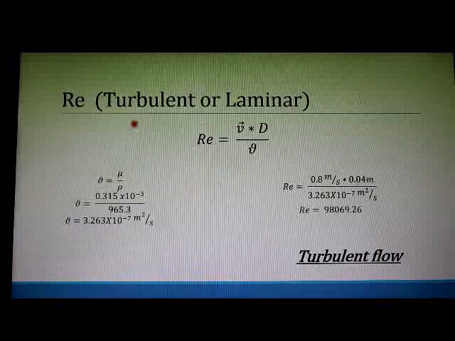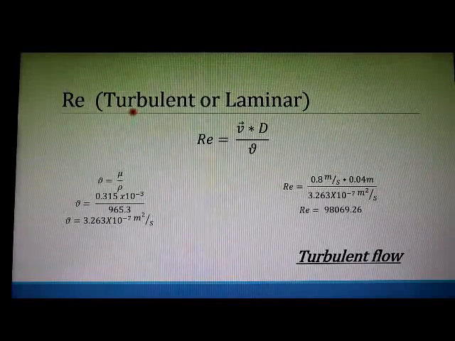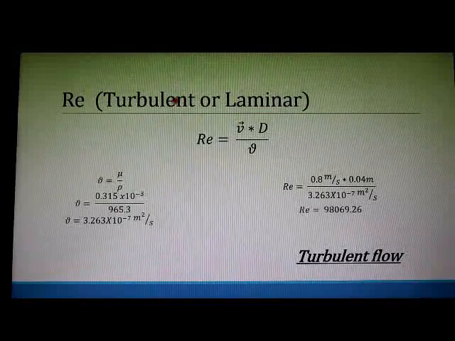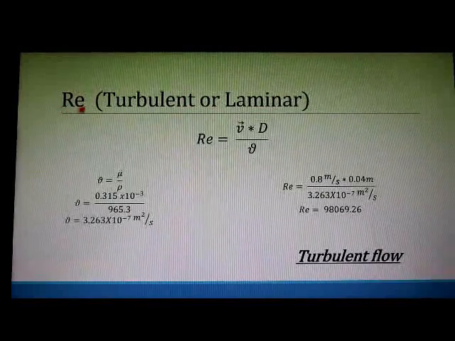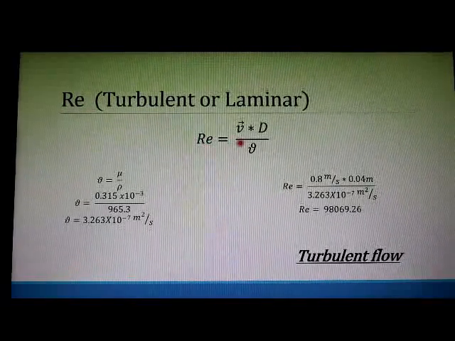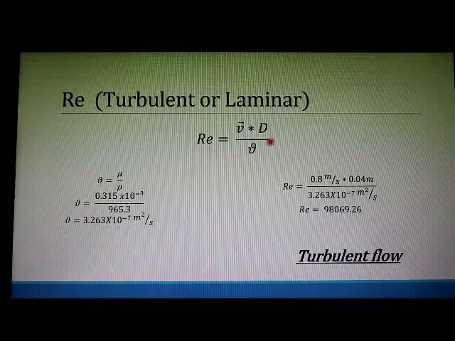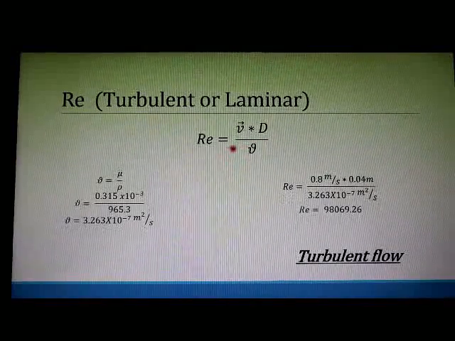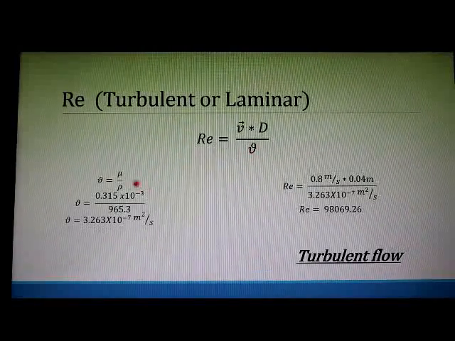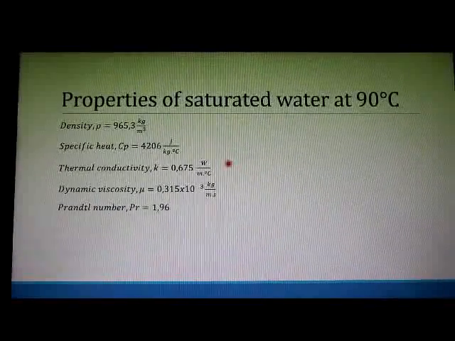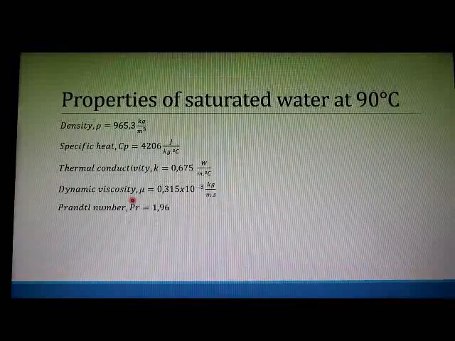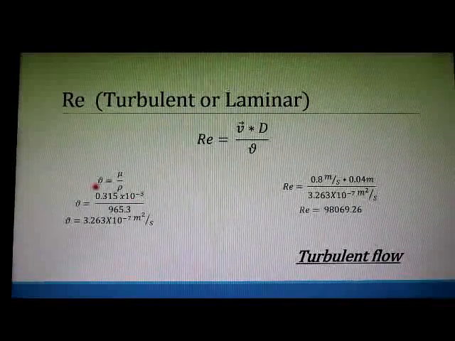Okay, to start our exercise, we have to know if we're going to talk about a turbulent or a laminar flow. To determine this, we have to find the Reynolds number. This is the equation. Reynolds is equal to velocity times the diameter of the pipe divided by the viscosity. But because we have the dynamic viscosity, we have to find the kinematic viscosity.